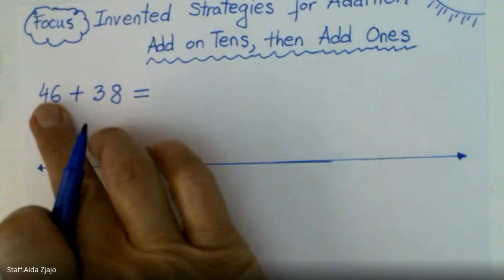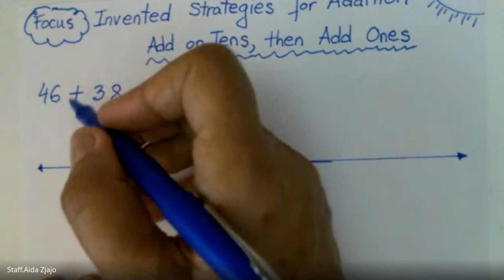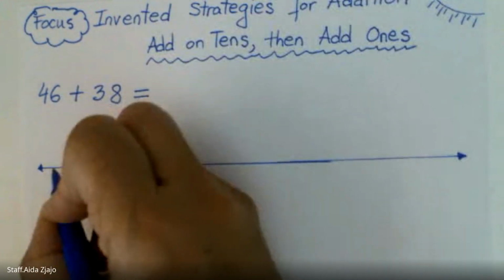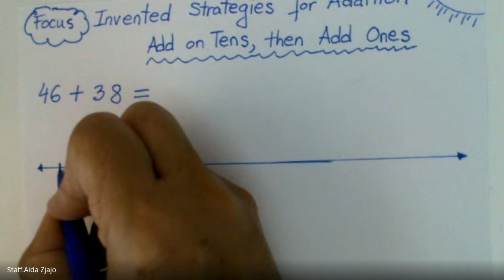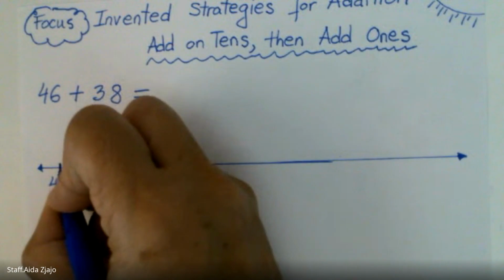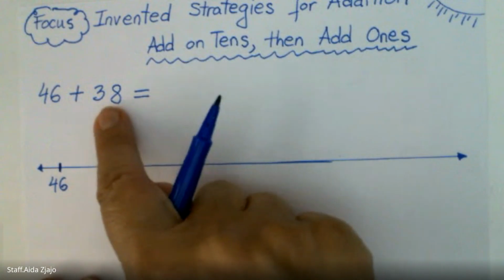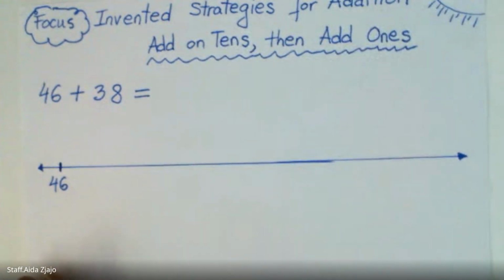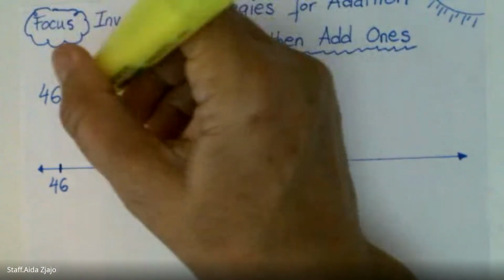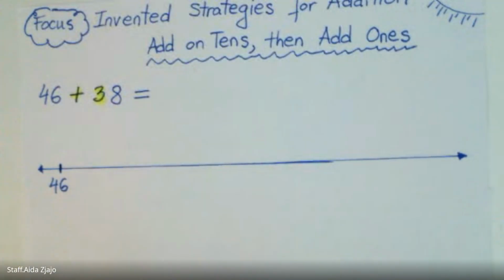Either way, I can start with 46 or 38, but I'm going to start with 46. So if this is 46 on the number line, what if I add tens first? I can see that I have three tens to add.